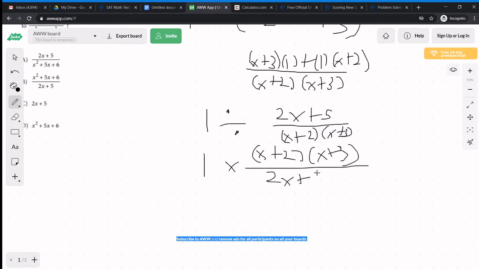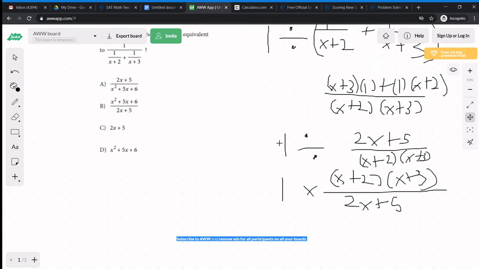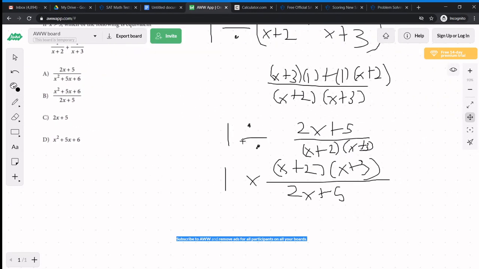And all of a sudden, you have a pretty simple equation now. X plus 2 times x plus 3 over 2x plus 5. And now we just have to multiply this part out. And we get x squared plus 2x plus 3x, 5x plus 6 over 2x plus 5. And that is answer choice B.